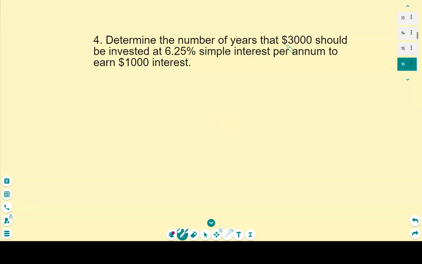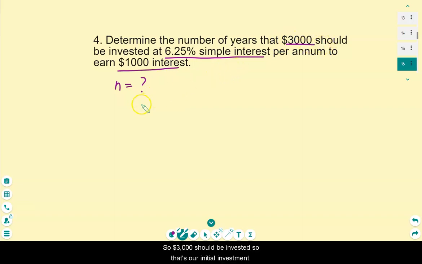Okay, let's do this. So determine the number of years that $3,000 should be invested at 6.25% simple interest to earn $1,000 interest. Again, data table. So determine the number of years. Okay, well, that's an unknown. That $3,000 should be invested, so that's our initial investment.